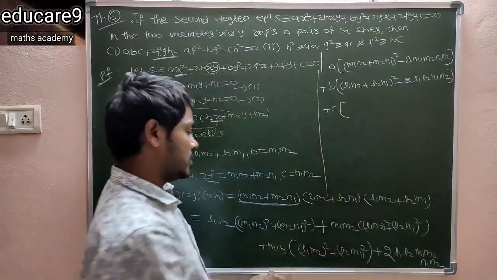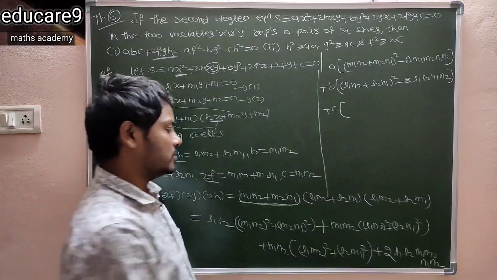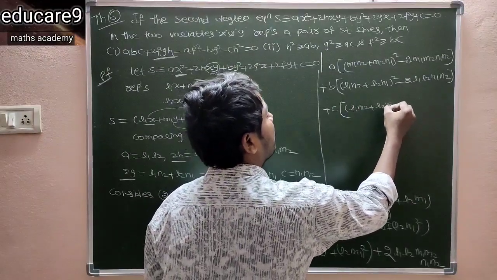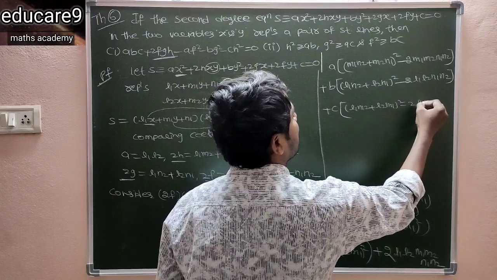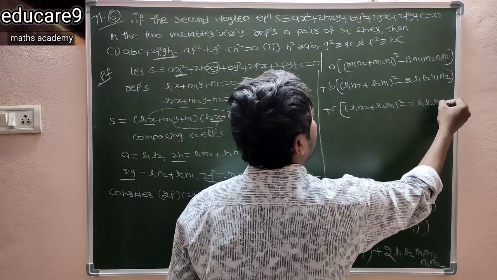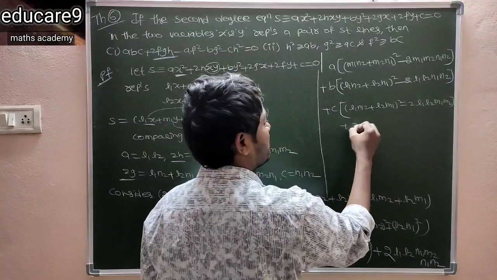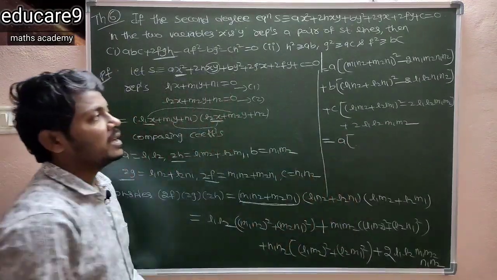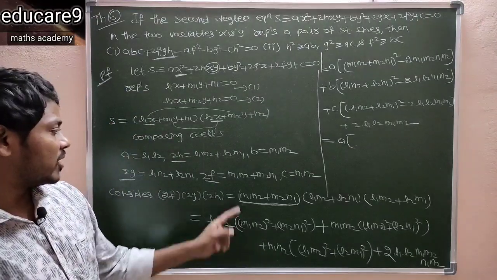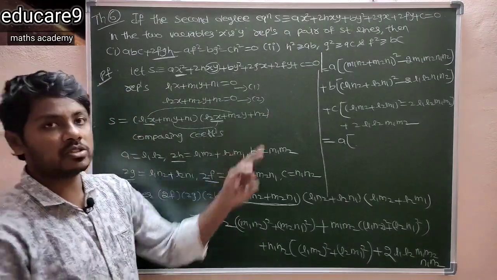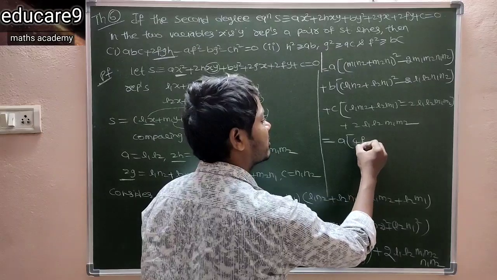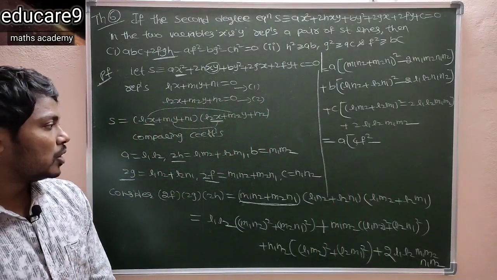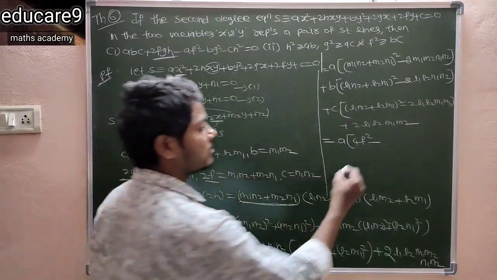Plus c of, again we apply the same formula, L1 m2 plus L2 m1 whole square minus 2ab. Now a into m1 n2 plus m2 n1, value 2f whole square, that is 4f square minus 2 m1 m2 n1 n2, 2bc only.